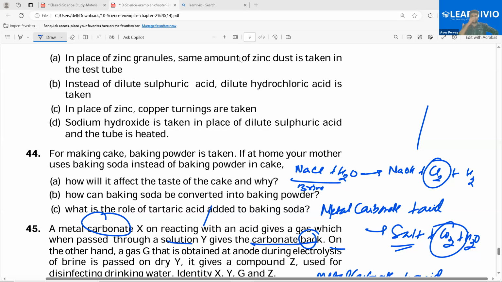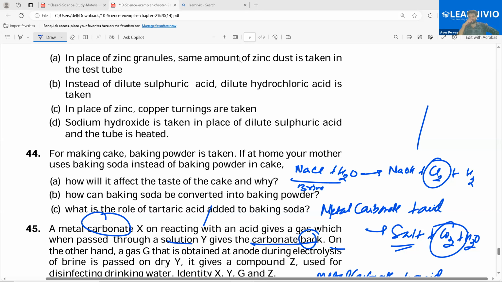What's the answer? The cake will be bitter, because when we heat baking soda, it forms sodium carbonate, and that's bitter.